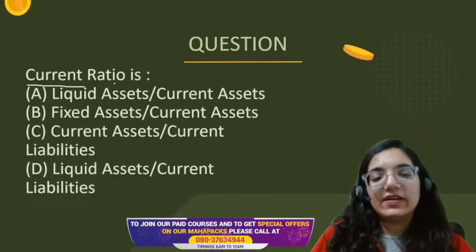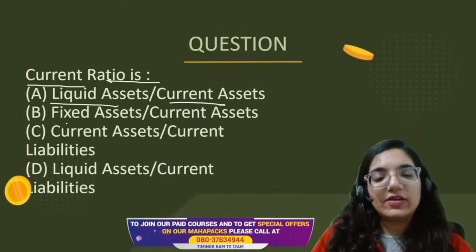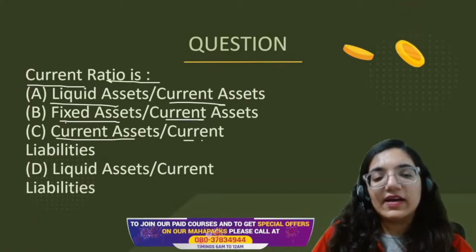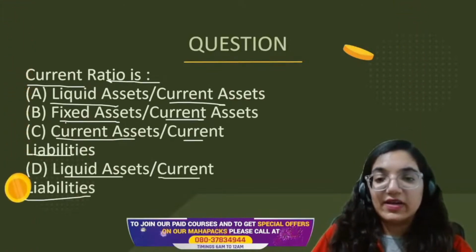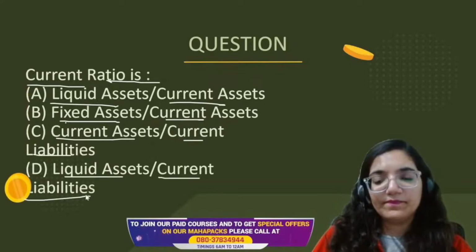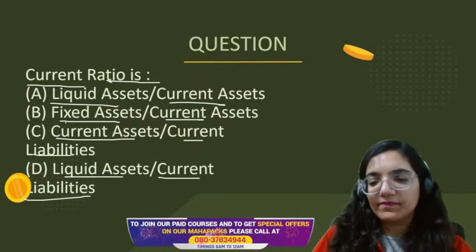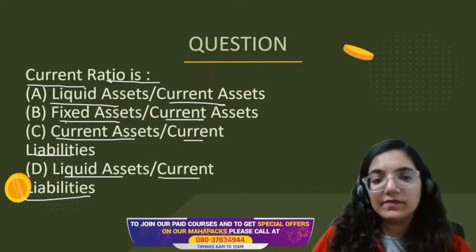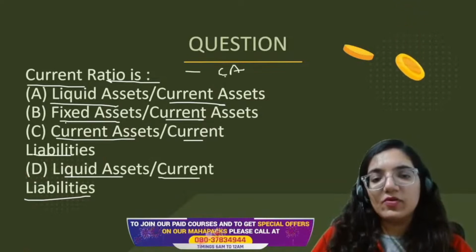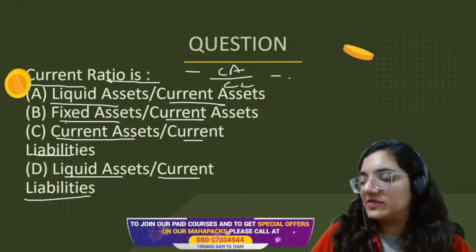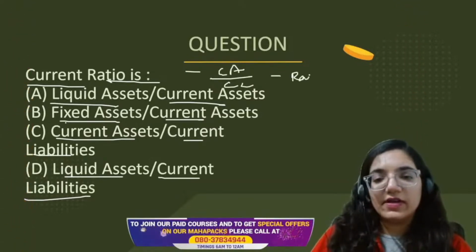Next ratio. Current ratio is liquid assets upon current liabilities, fixed assets upon current liabilities, or current assets upon current liabilities. What would be the correct answer, everyone? Current assets is CA upon CL, which is expressed in the form of a ratio.